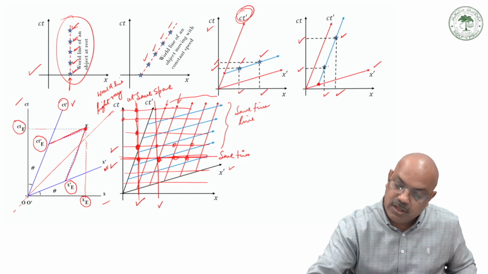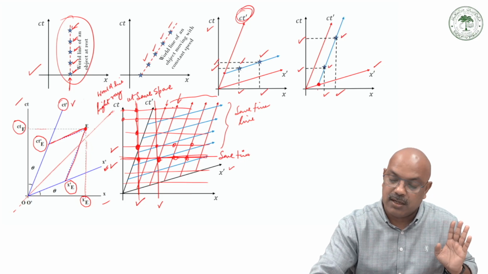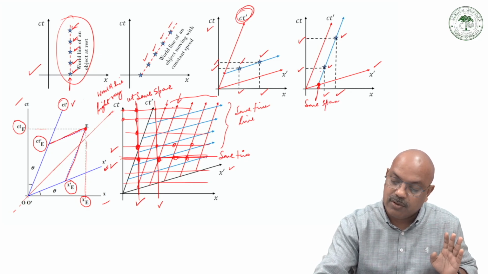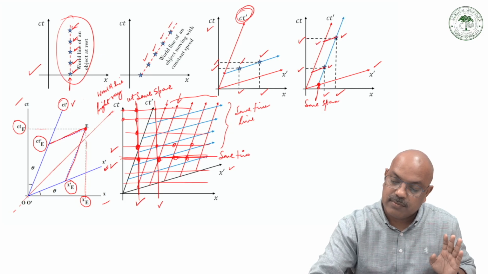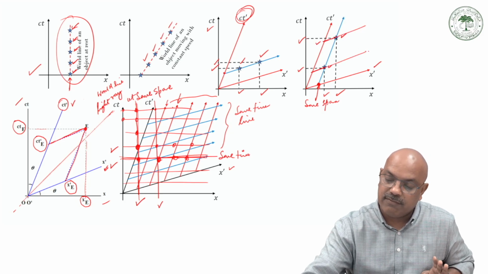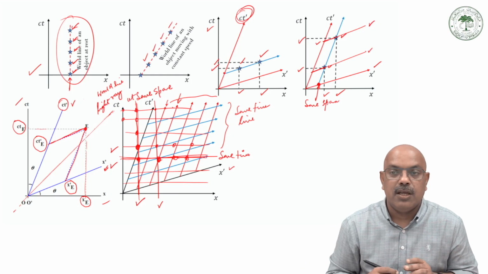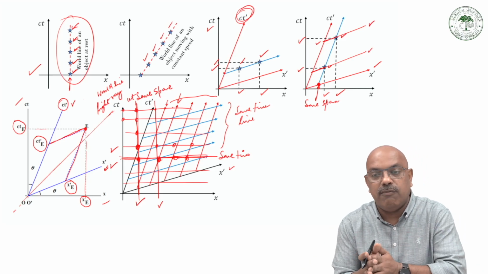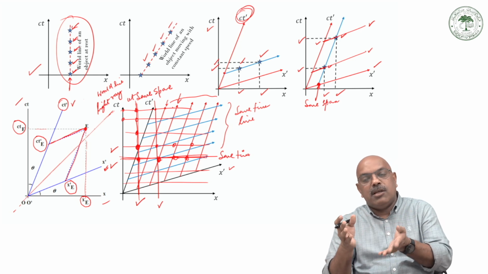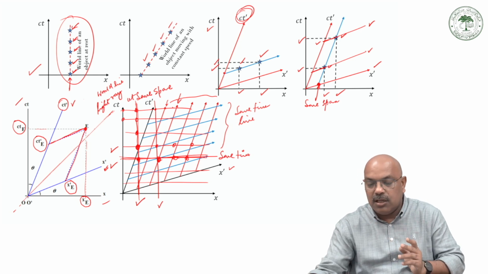So these two events have the same space coordinate, happening at the same space, but they are going to have different times. This one is going to have this time and this one is going to have this time. So I can always choose a frame in which the two events occur at different times but at the same space.